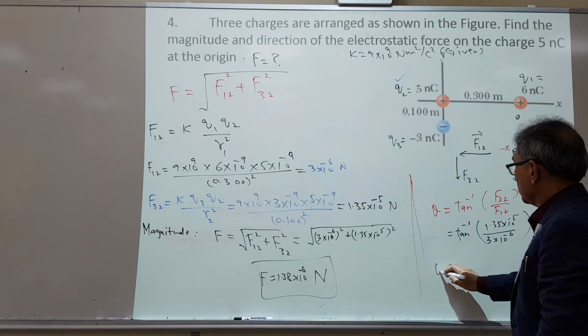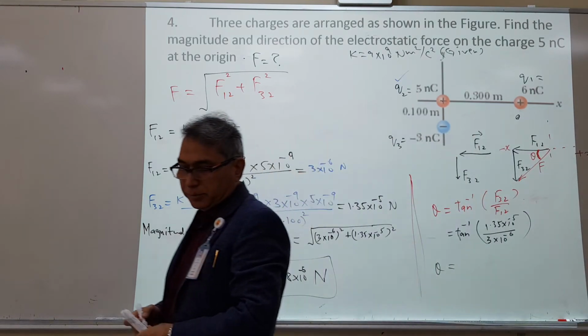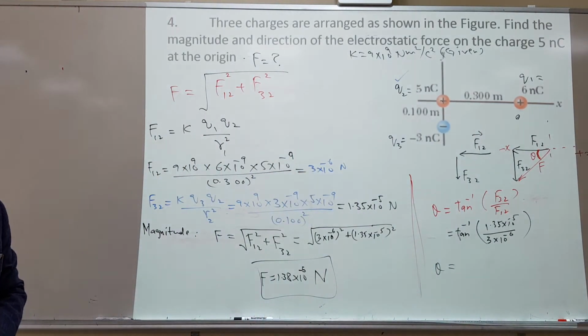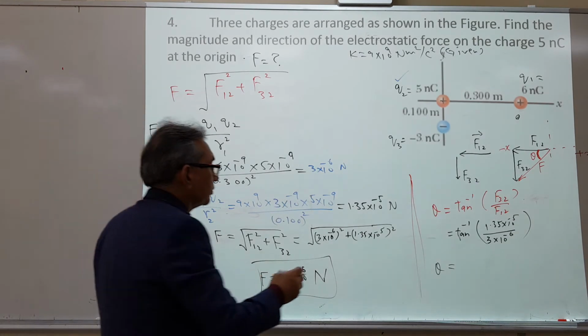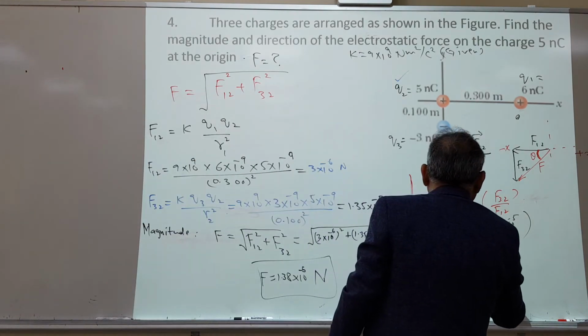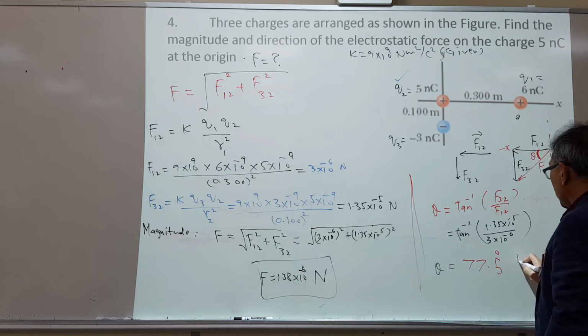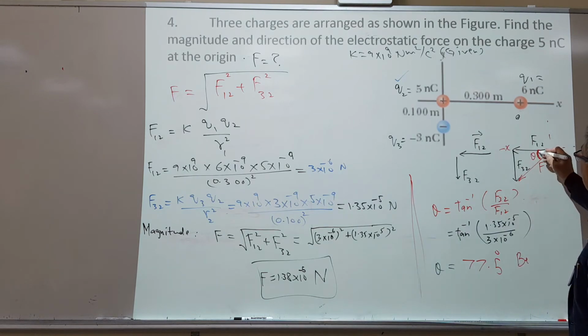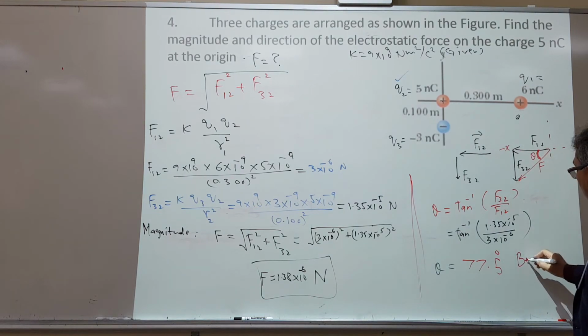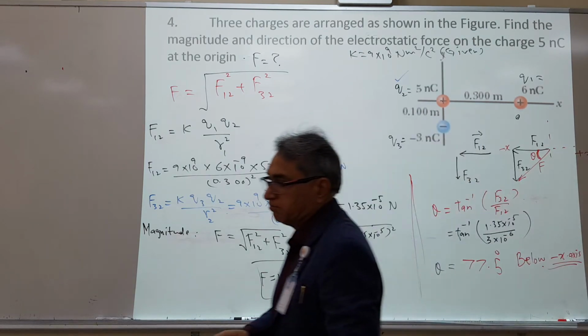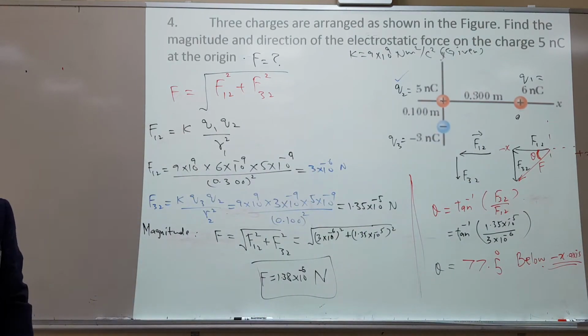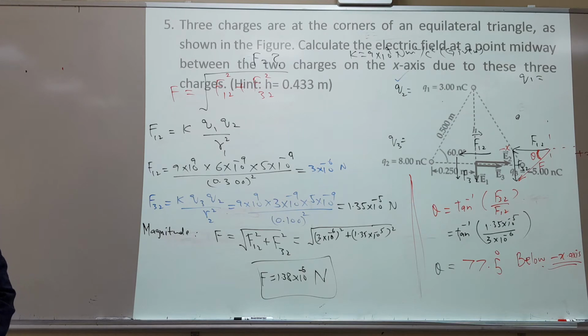So you would get theta around 77.5. Keep in mind, as I told you, this is below negative x-axis. Okay, that's it. Next question.